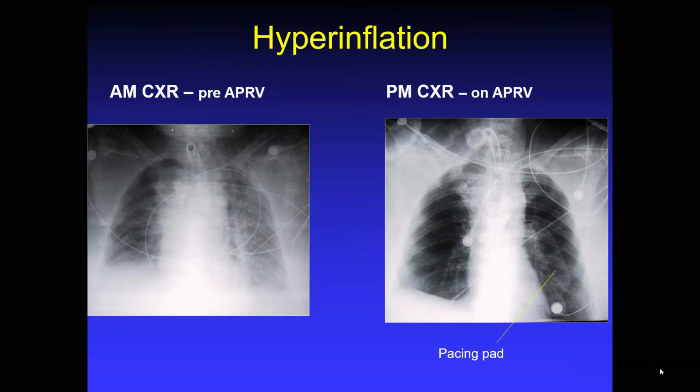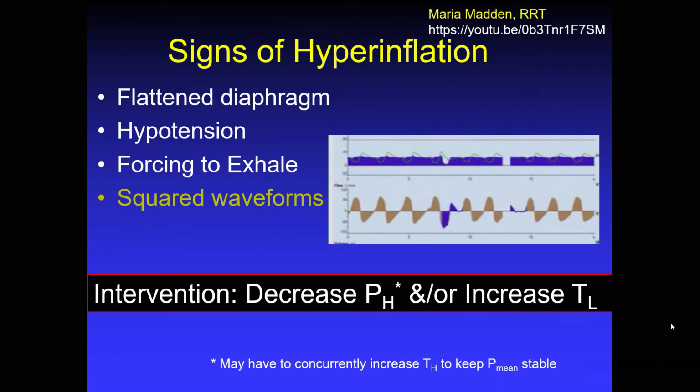And in that instance, you need to drop your P high a bit more rapidly than you typically would. Typically drop it down by about 3, particularly if the patient is hypotensive. In other instances, you may also need to increase the TL to give a little bit more release time.